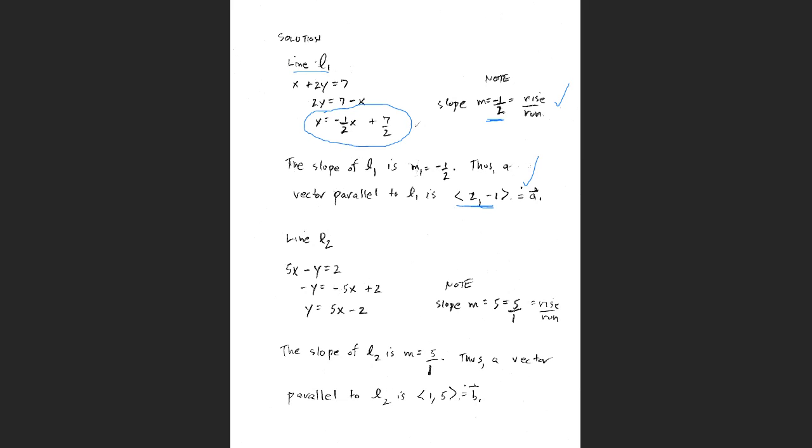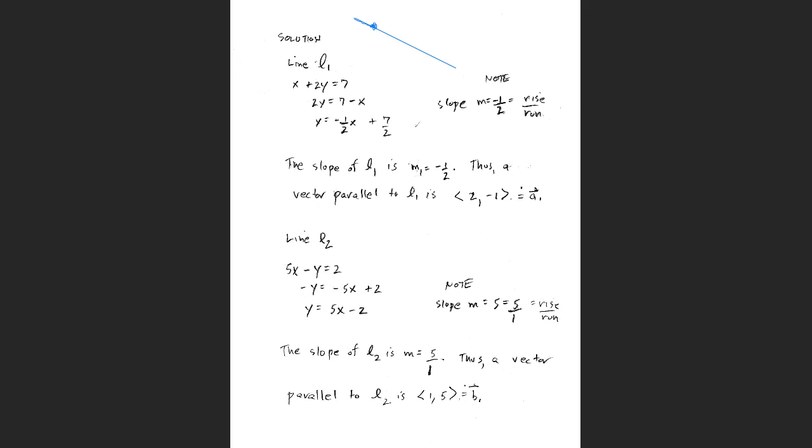But I think it is important to think about this, so let me draw a line here. Say this line has a slope of -0.5.